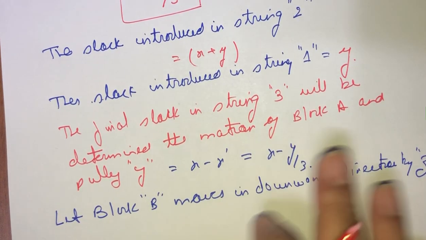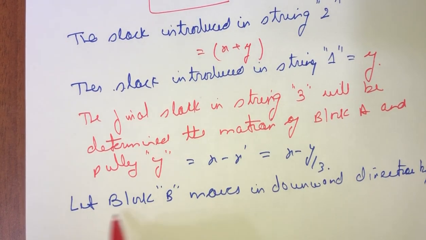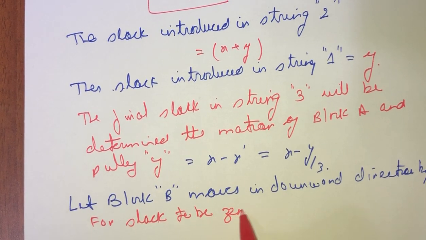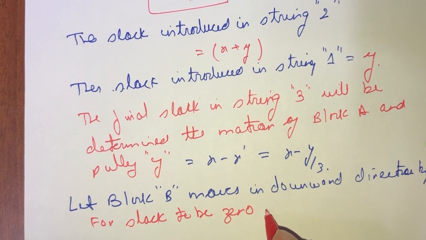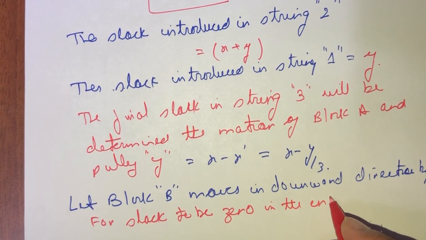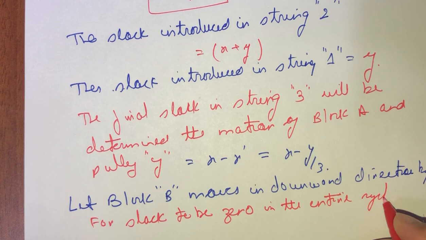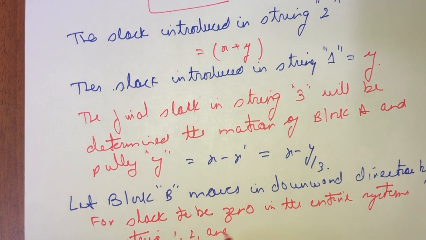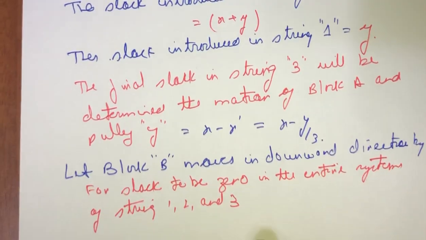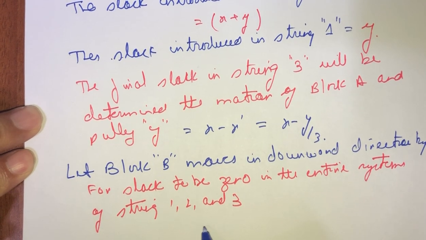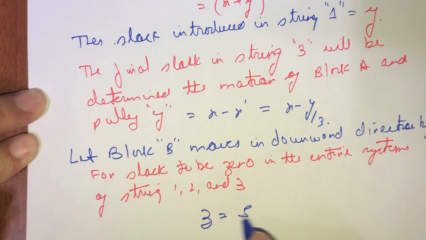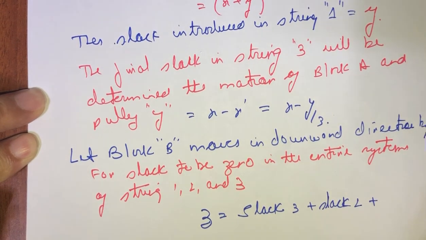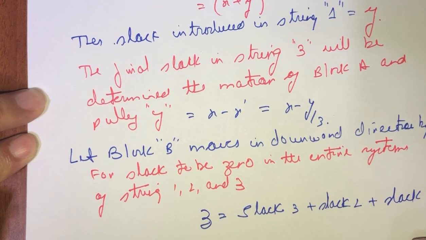So you can say that for slack to be 0 in the entire system of strings 1, 2 and 3, z should be equal to slack in 3 plus slack in 2 plus slack in 1.